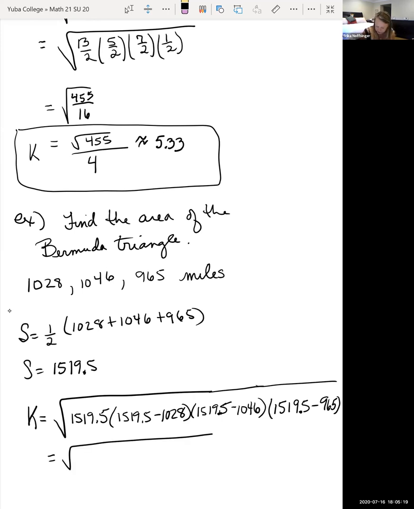I don't know if you just want to throw that in the calculator. From there, we could find the differences. First difference is 491.5. Second distance is 473.5.